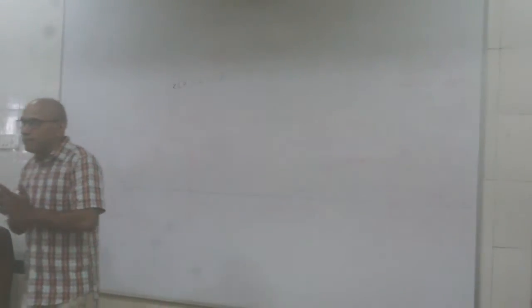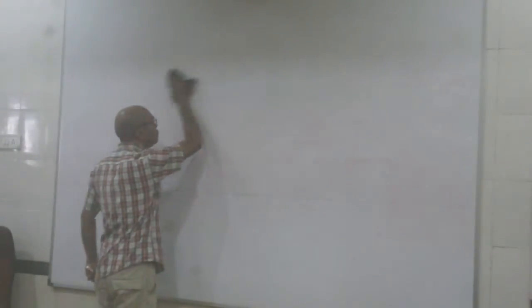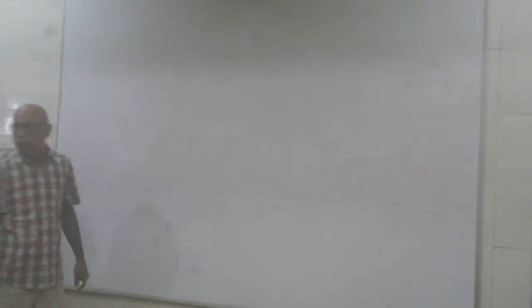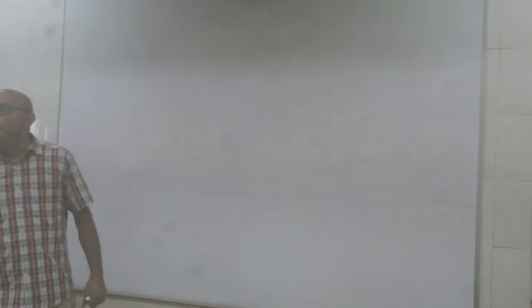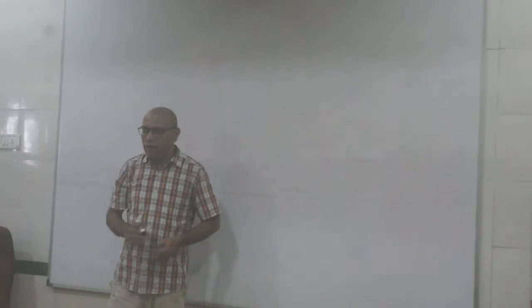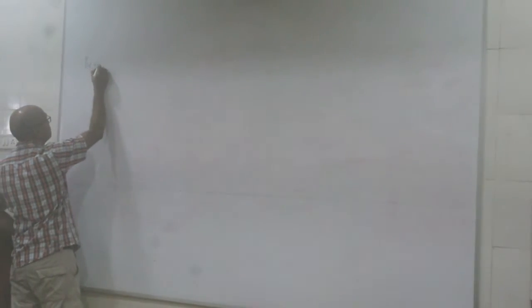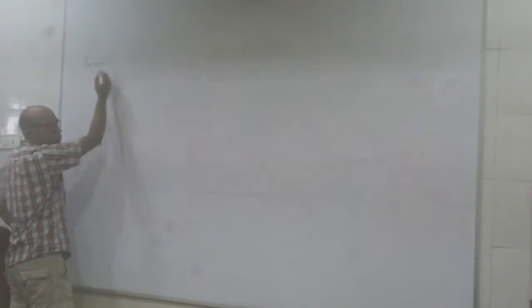Wow. Let's start with discrete random variables. I would perhaps talk about 3 random variables: Bernoulli random variable, binomial random variable, and Poisson random variable. Okay, Bernoulli, B-E-R-N-O-U-L-L-I.